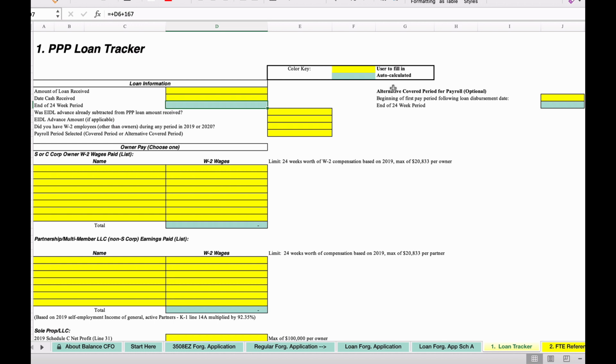Now, instead of starting the clock on the 25th of May, maybe your payroll period runs bi-weekly and you run your payroll every other week. You can start it on the day of your next payroll period. So let's say your payroll period runs from 6/1 to 6/14, right? Then you could start the clock on 6/1 instead.